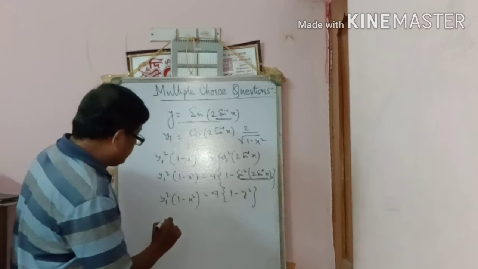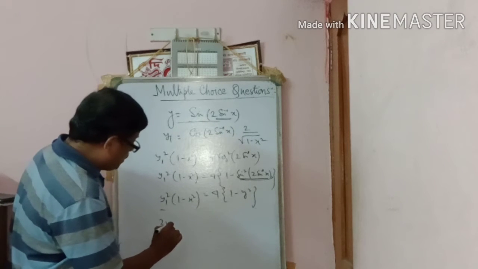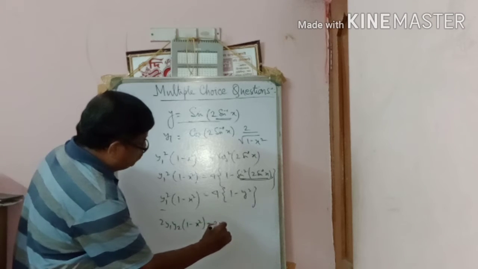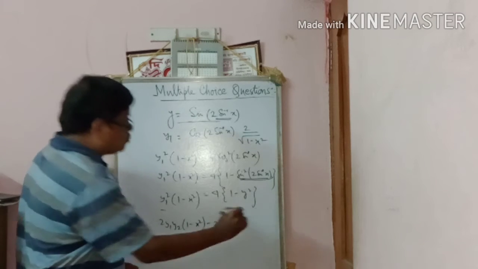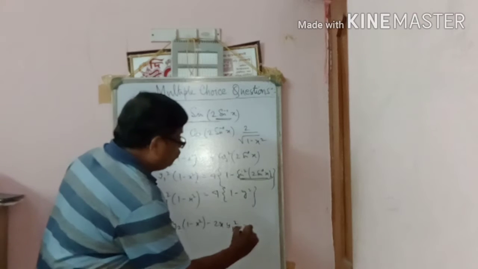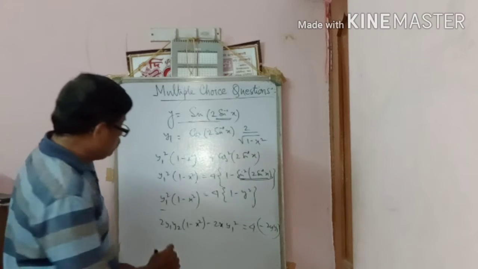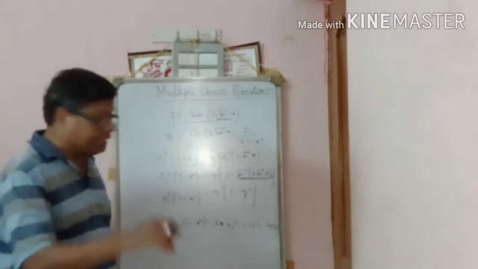So again differentiate. This part will be 2 y1 y2 into 1 minus x square minus twice x y1 square equal to 4 into minus 2 y y1. Now 2 y1 cancels on both sides.